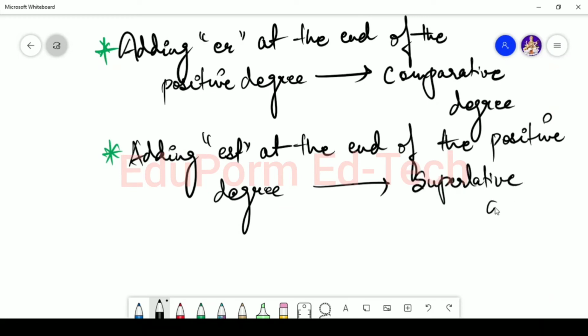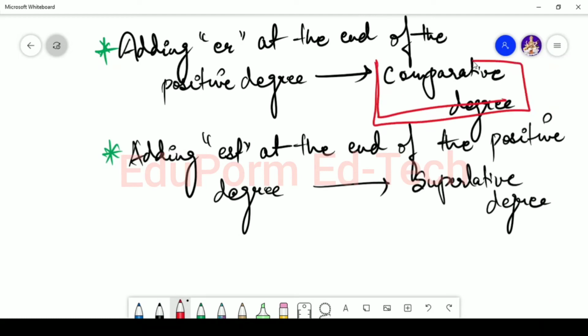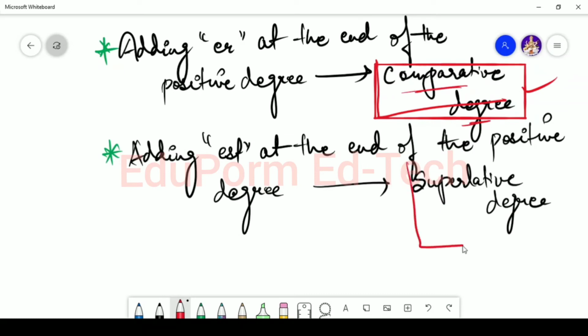So this is one of the tips which you have to remember. Okay, so adding -er at the end of the positive degree is to make basically a comparative degree, and if you are adding -est at the end of the positive degree, then it is to make it a superlative degree.